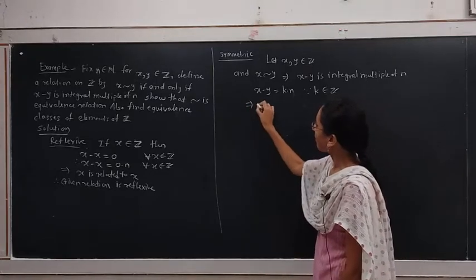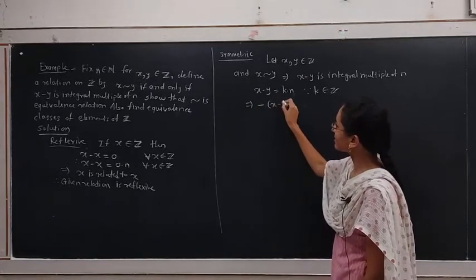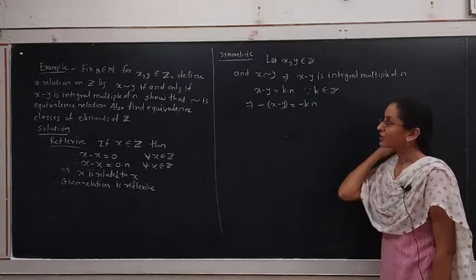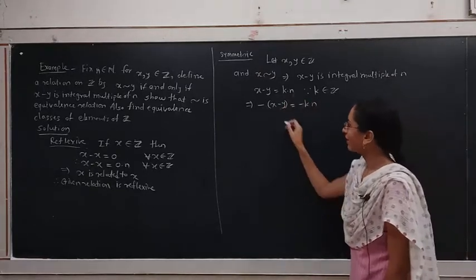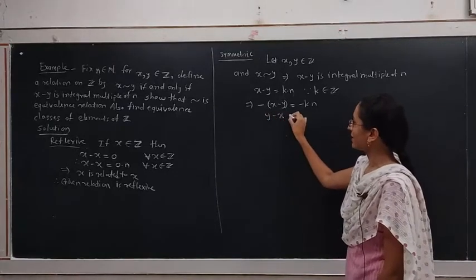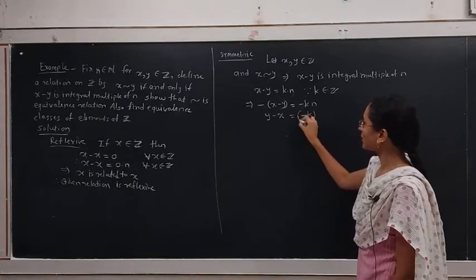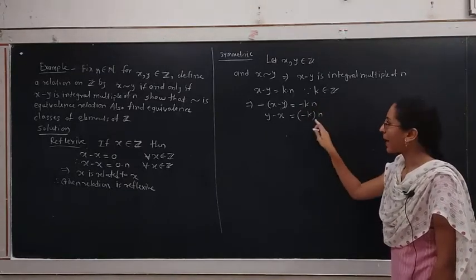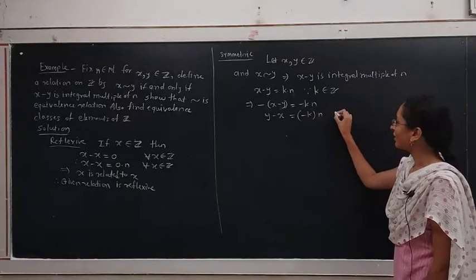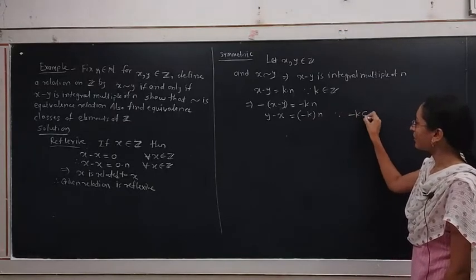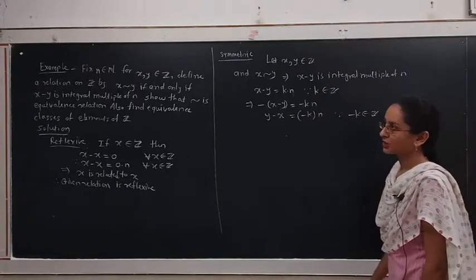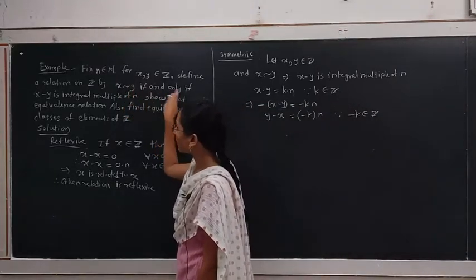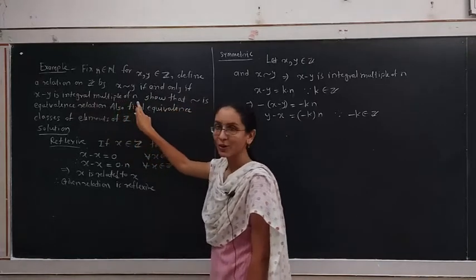This means x minus y is equal to k into n. If we multiply this equation by minus 1, then we get y minus x is equal to minus k into n. As k belongs to Z, minus k also belongs to Z. See the definition of the given relation: x is related to y if and only if x minus y is an integral multiple of n.